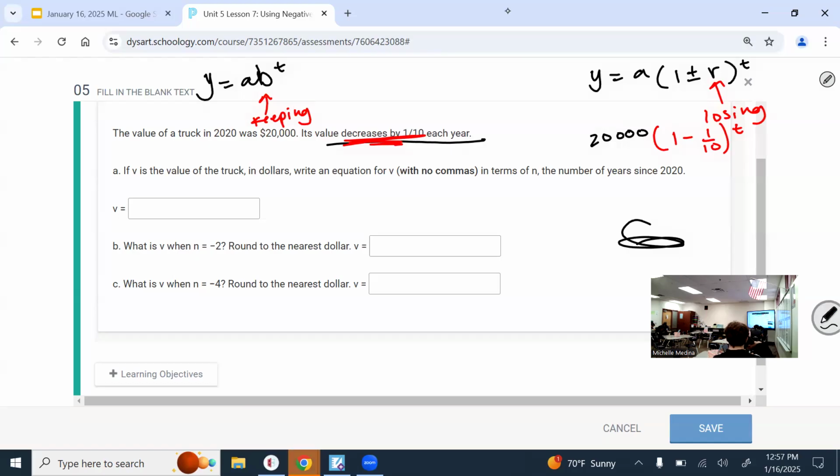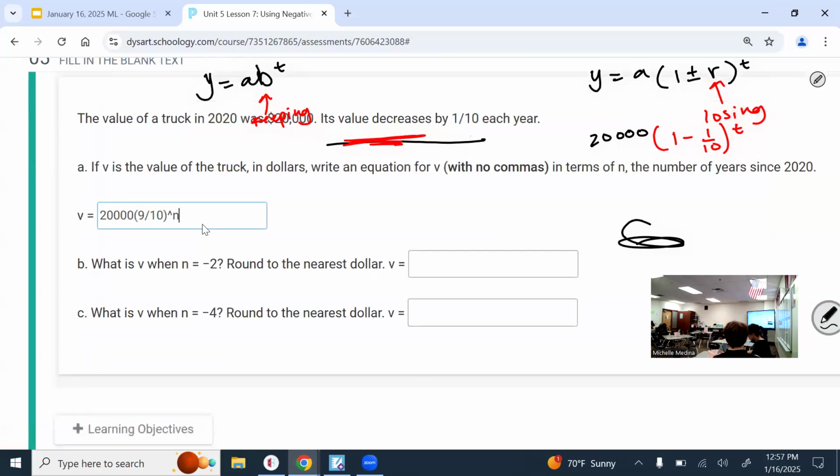But I would type it in as 20,000 parentheses 9/10, like that, to the n, because it did say n is for number of years since 2020. Use a little caret for exponent, shift 6. But good on making that. Common mistake is to just make that 1/10. But then that'd be saying it's losing 90% of its value, and it's not. It's keeping 90%.